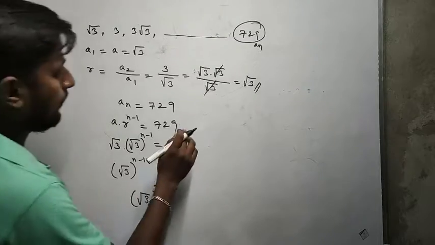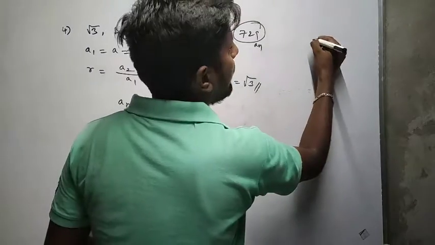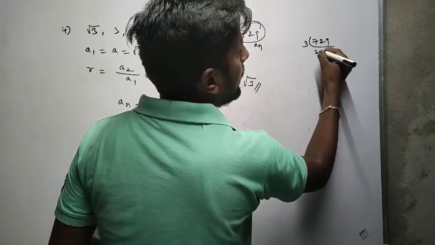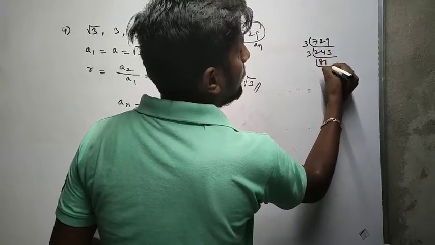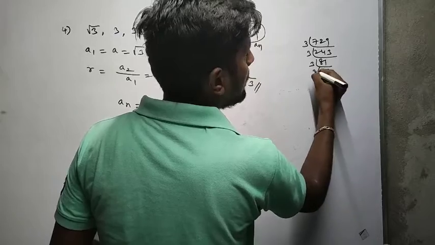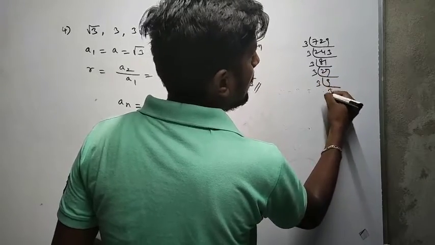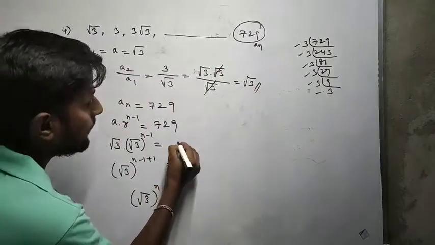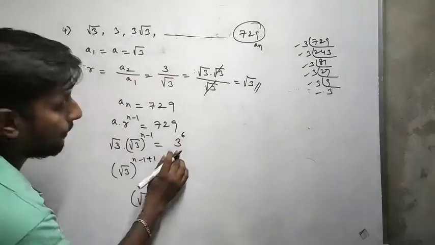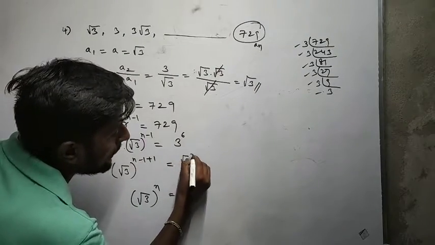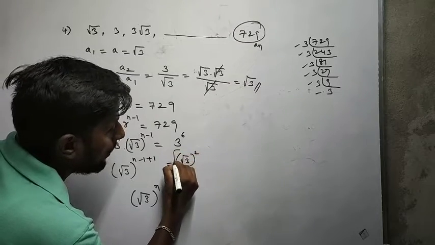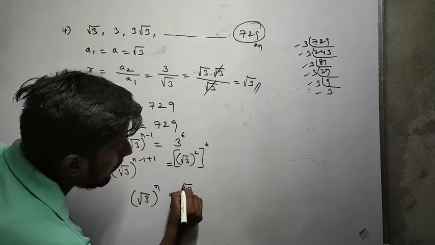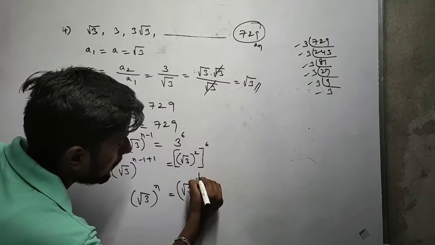Okay, beta. We'll see 729. 729: 3 table, 243, 81, 27, 9, 3, 1, 2, 3, 4, 5, 6. Okay. So this we write as 3 power 6. But 3 we can express as root 3 whole square, so root 3 whole power 2 into 6 is 12.